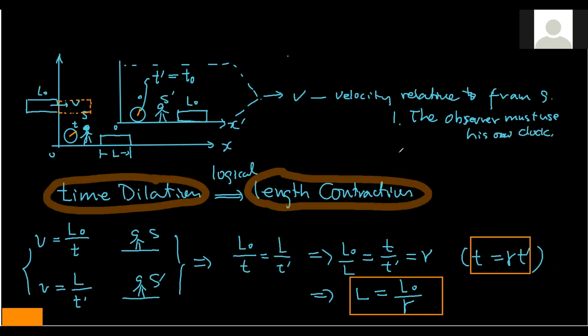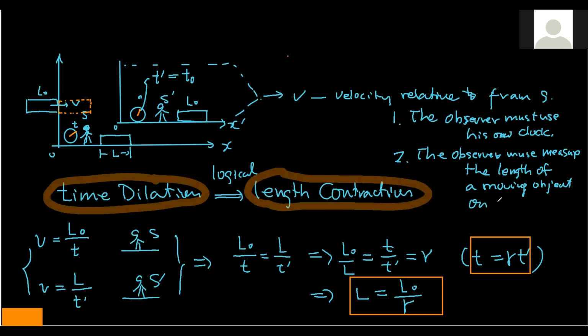Number 2, the observer must measure the length of a moving object on the other frame. Do you agree?